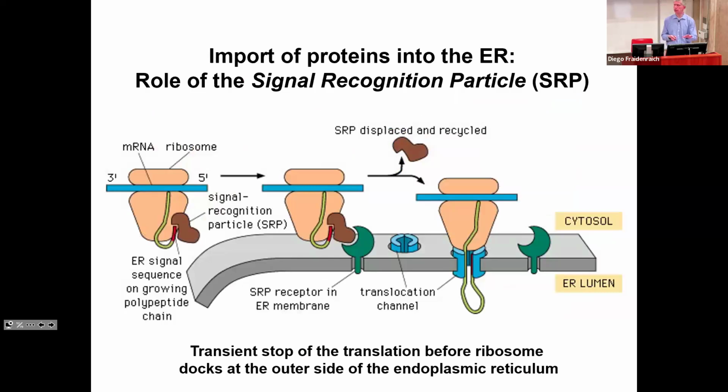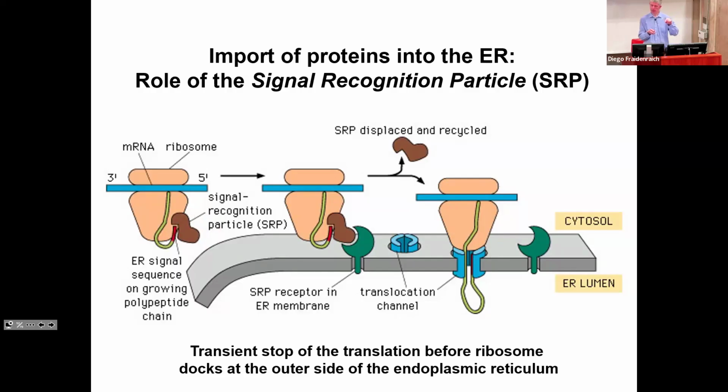Okay, so this slide would explain why this is like this. We would start off with the ribosome starting the translation. Once the signal sequence, this little red stretch here, emerges to the surface of the ribosome, there is a protein particle attached to this signal sequence and at the same time attached to the ribosome.